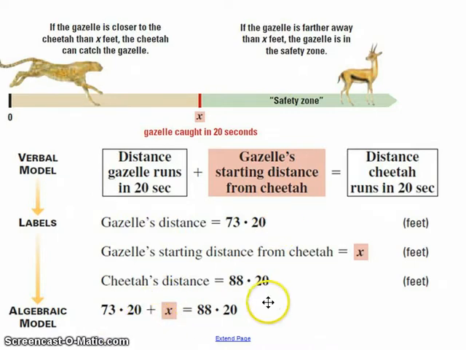They set that equal to the cheetah's distance, speed and time. 88 feet per second times 20 seconds. And if you solve this problem, 73 times 20 plus x is equal to 88 times 20, and you should be able to solve a problem like this, you would have found that x is that 300 feet that we've been talking about.